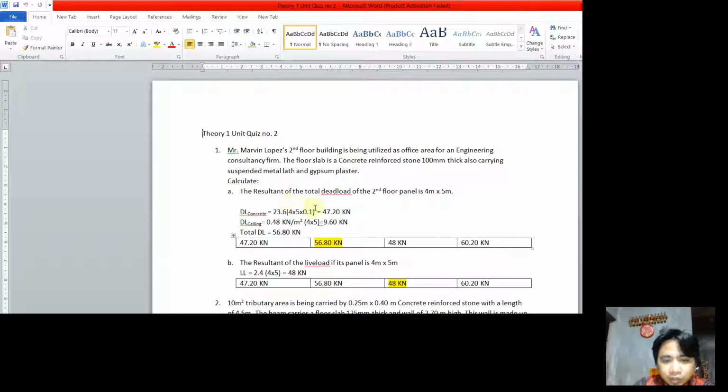That is our answer. Okay, for letter B, what is the resultant of the live load if its panel is 4 meters by 5 meters? So we'll refer to the table of the live load under office building or office floor. Let me refer you to the table.